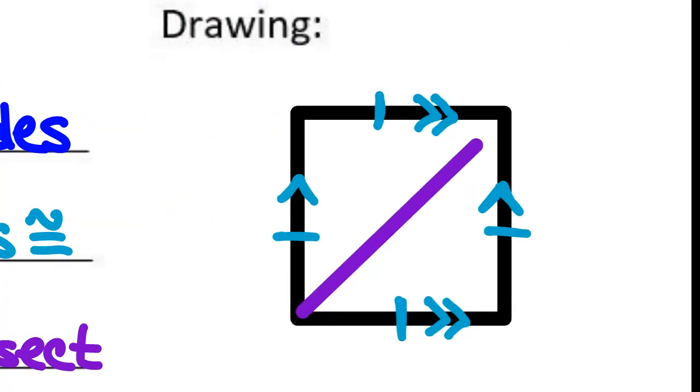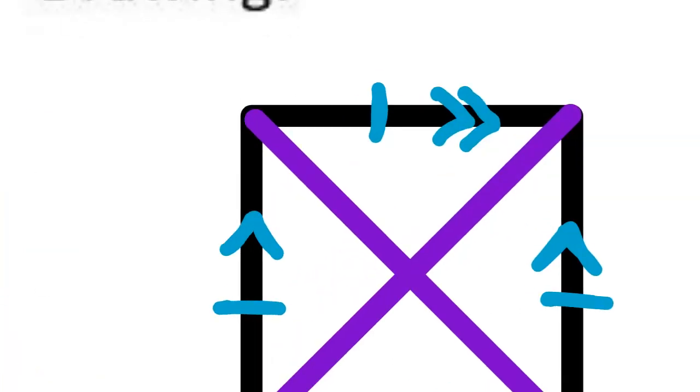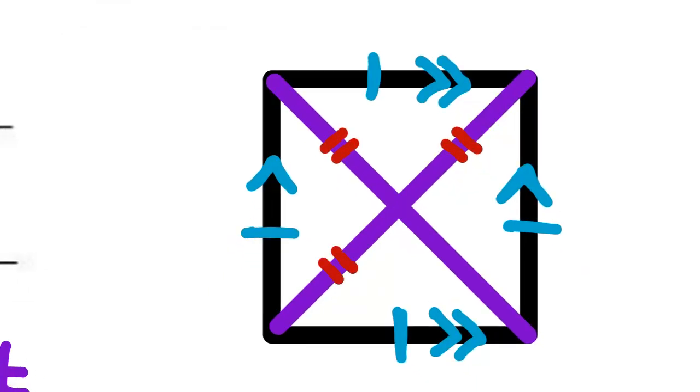So let's go ahead and draw those diagonals in, connecting opposite corners. So all 4 of my little half diagonals are congruent to each other. That's because they're bisecting each other and those 2 full-length diagonals started off the same size.